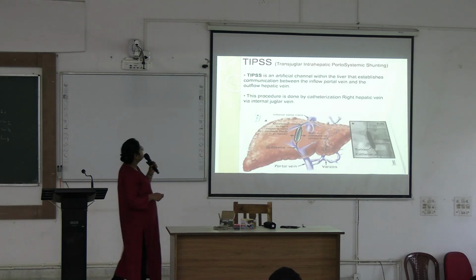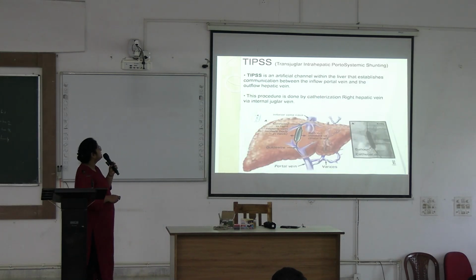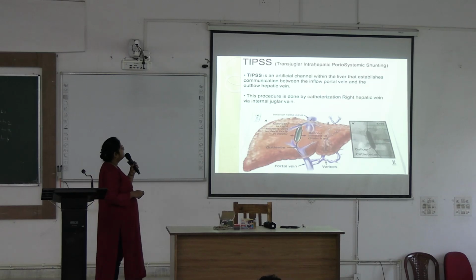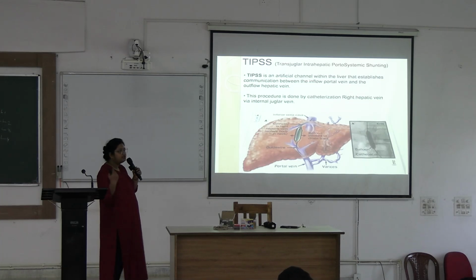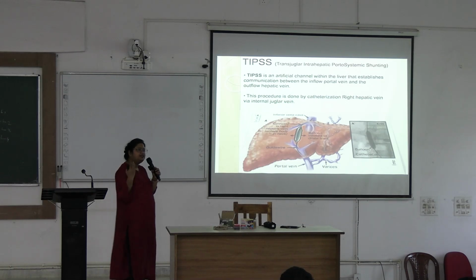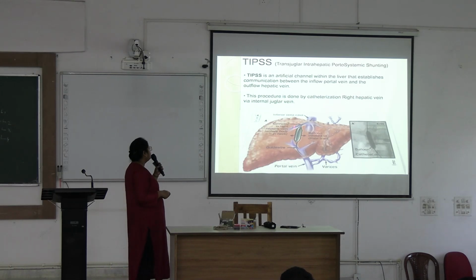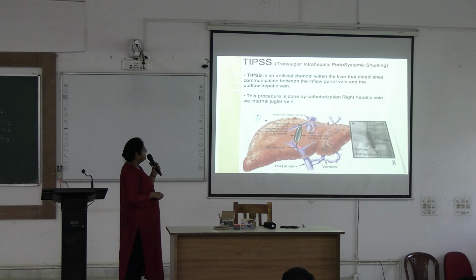Next is transjugular intrahepatic portosystemic shunting. It is an artificial channel within the liver that establishes communication between the inflow portal vein and the outflow hepatic vein. Here, see, through the internal jugular vein, a catheter will be introduced, and a channel is created between the portal vein, mainly the right branch of the portal vein, and the hepatic vein.